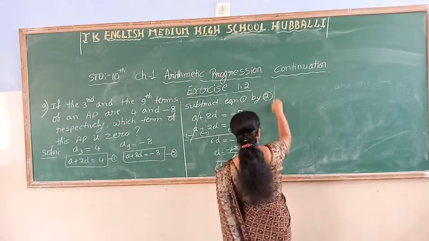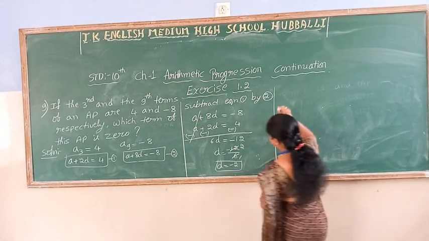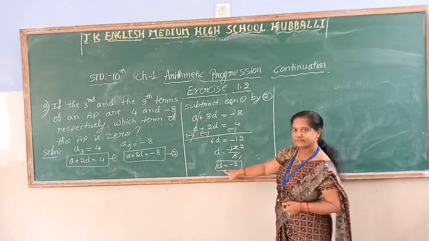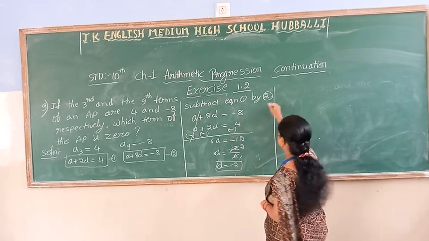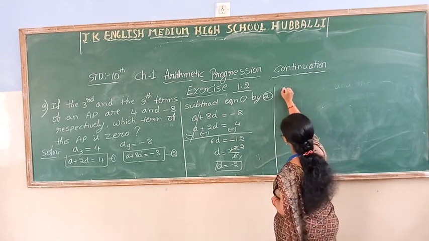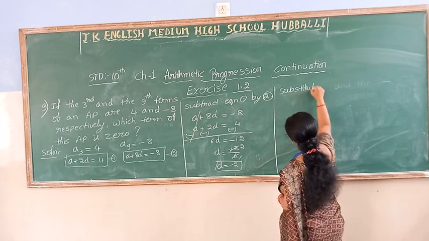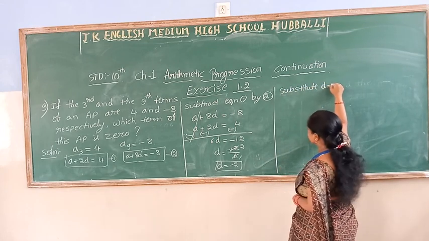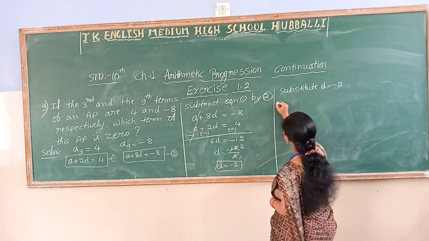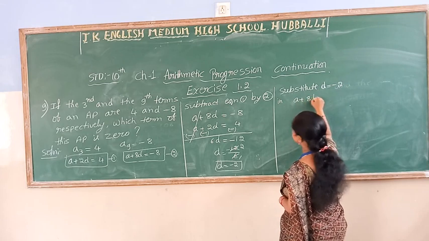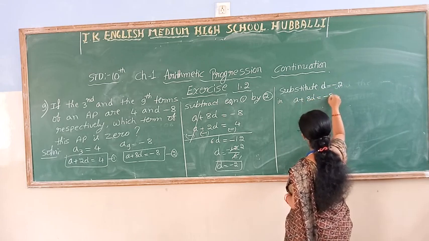Then I will substitute this in any one of these equations. You substitute d value in any one of these equations. I am going to substitute d is equal to minus 2 in a plus 8d is equal to minus 8.